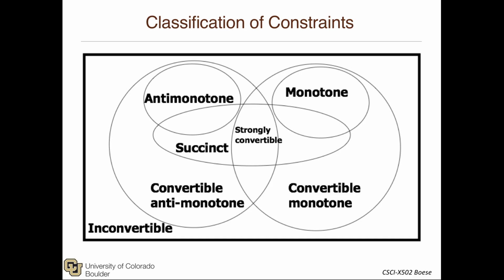That would be like the minimum value. Succinct, constraint must be satisfied, so one can start with the data set satisfying C. Convertible, C is not monotonic or anti-monotonic, but it can be converted to be one of those for the transaction as long as it's properly ordered.